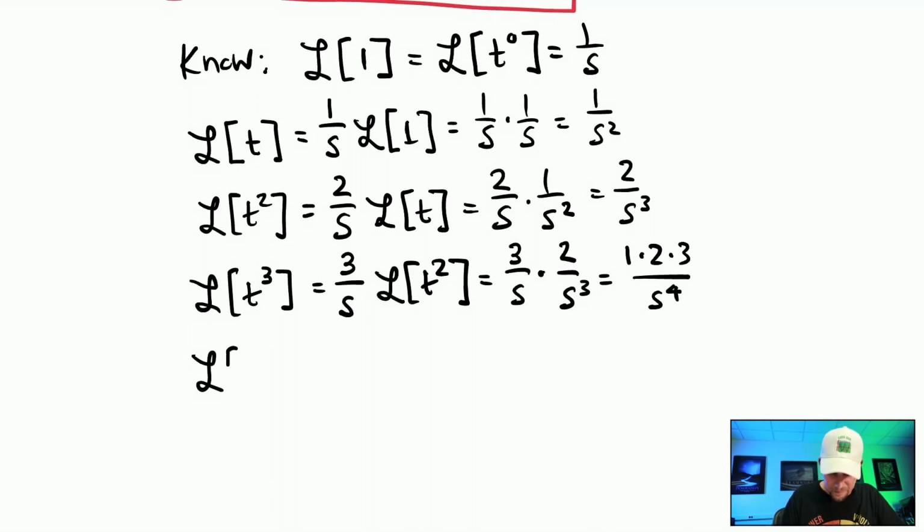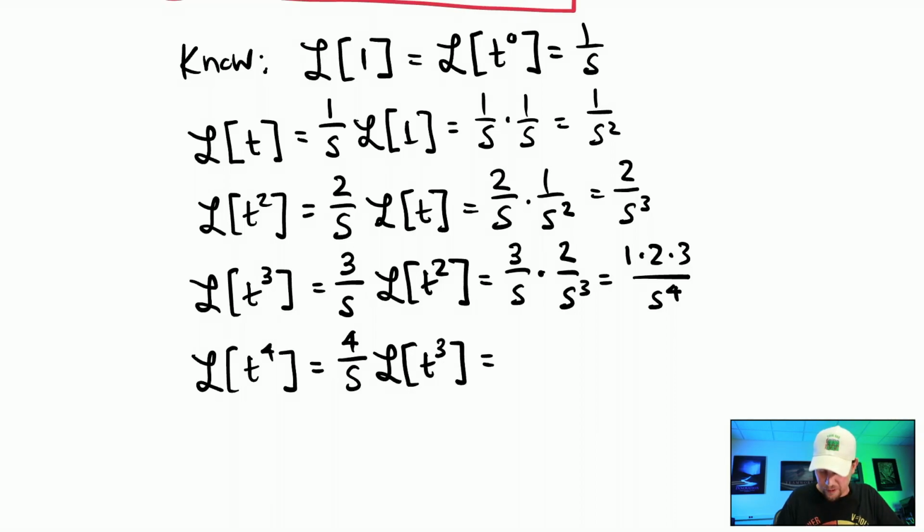One last one, and then you'll get a chance to see what the pattern is. So here, if I was looking for the Laplace transform of t to the fourth, this is 4 over s times the Laplace transform of t cubed, or 4 divided by s times 1 times 2 times 3 over s to the fourth, or this is 1 times 2 times 3 times 4 over s to the fifth.